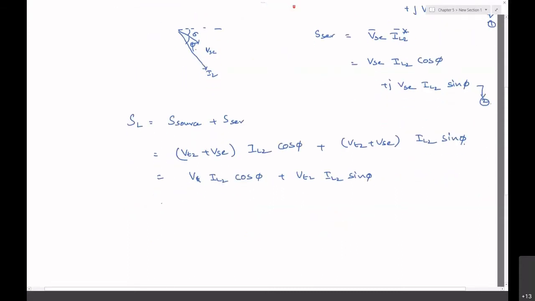That means VT2 is equivalent to VT1, so this is VT1 times IL1 cos phi plus j times VT1 into IL1 sin phi.